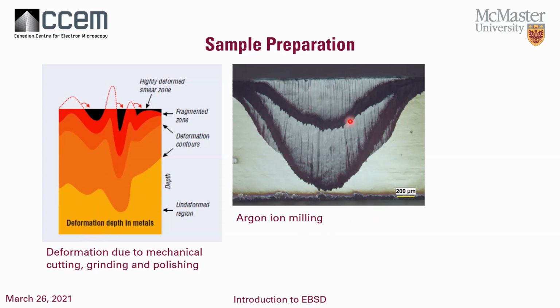Here you can see some argon ion milling of a pipeline sample. We can actually make out the crystal structure here. We're getting some orientation contrast, but we have this curtaining effect. You also see this in the FIB on the sample.